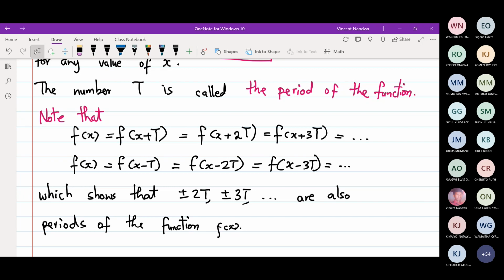So a simple example for periodic functions is the sine function and the cosine function.